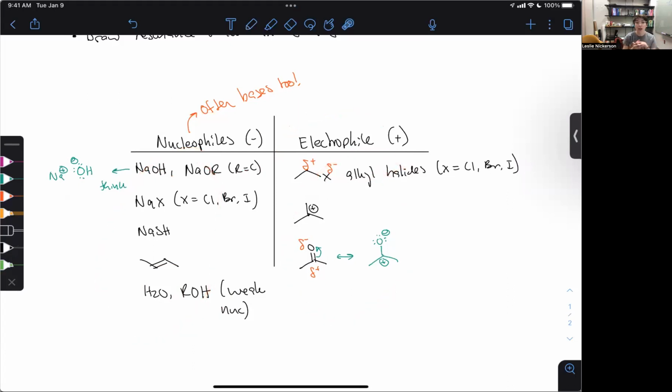This is only limited. But it's going to be really helpful if you can think about polar covalent bonds, who's holding the electron density. The atom that's holding the electron density is the nucleophile, and the one that is electron poor is going to be the electrophile. I was just worried that I said that wrong.